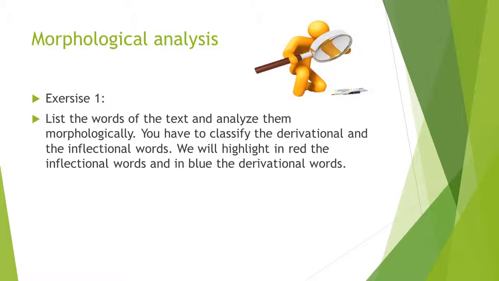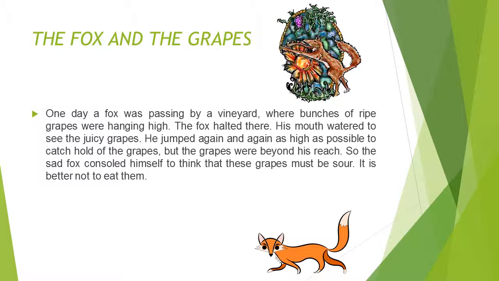To do this, it will be nice for you to highlight in red the inflectional words and in blue the derivational ones. Take a few minutes to read silently the fable of the fox and the grapes so that you do your analysis correctly with no rush, taking into account all the things that we have said and analyzed in class.